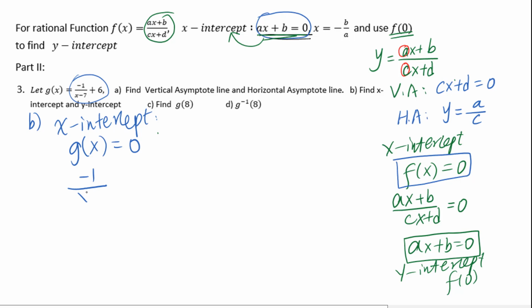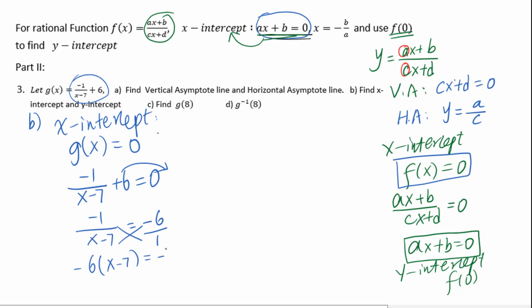Negative 1 over x minus 7 plus 6 equals 0. Then isolate the rational part. We have negative 1 over x minus 7 equals negative 6. Then cross multiply. Negative 6 times x minus 7 equals negative 1.